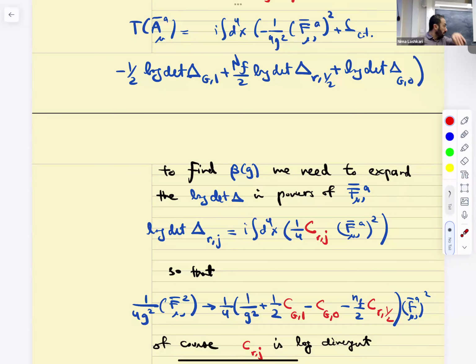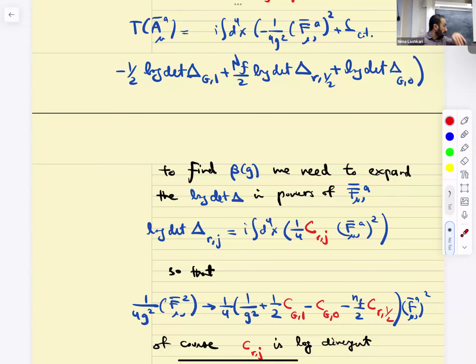Then this term contributes with a coefficient like this, right? So the first term has 1 over g squared, right? There's 4. This term will contribute half C_G1. This term will contribute minus C_G0. This term will contribute N_F over 2 C_R half, right?